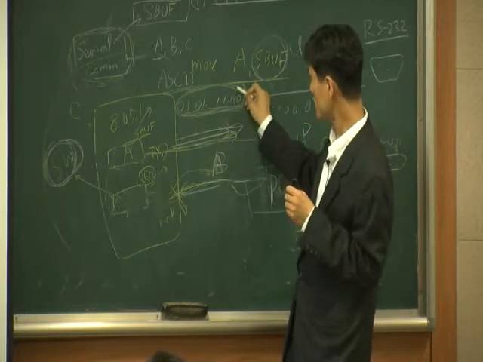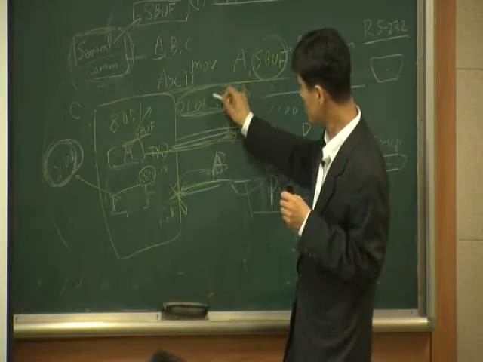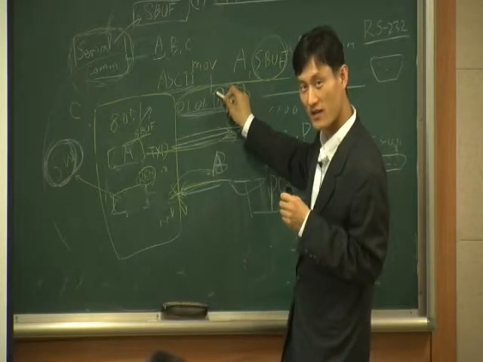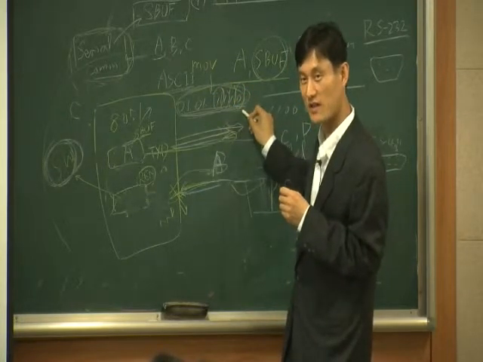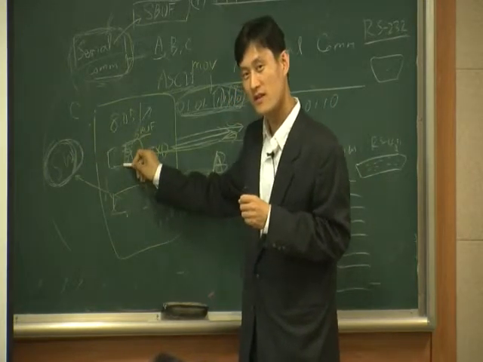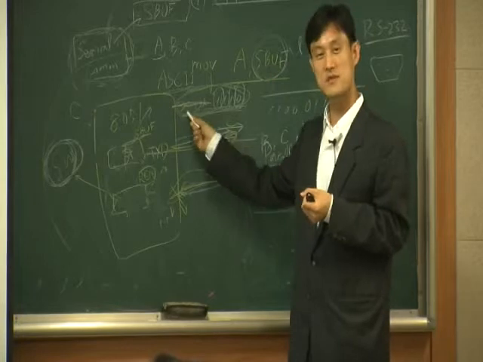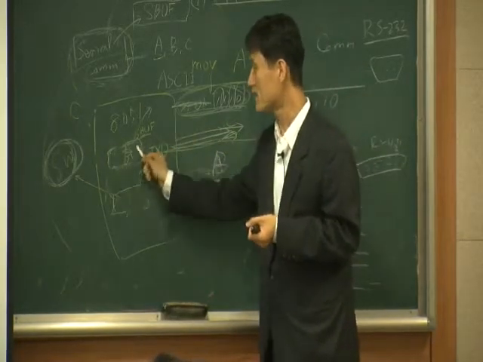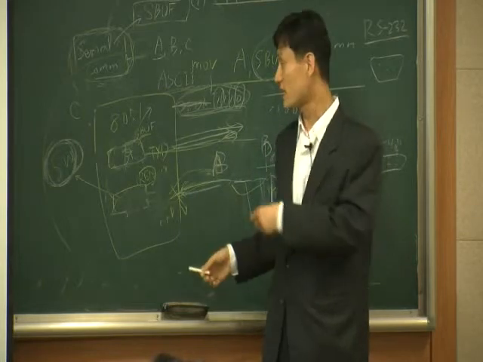Maybe I transmit this one and this one and this one and this one. I was transmitting somewhere here, okay? I'm in the middle of transmission, but suddenly software writes B. In that case, all this becomes garbage now, right? Because suddenly these 8 bits in here are changed.